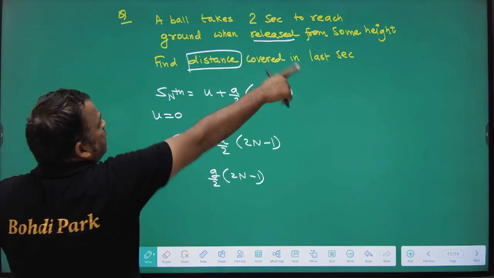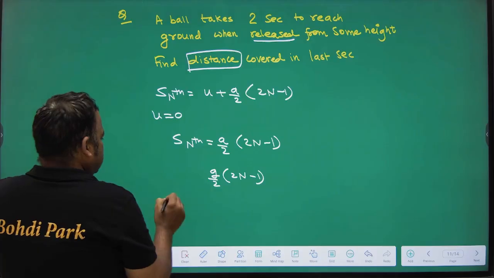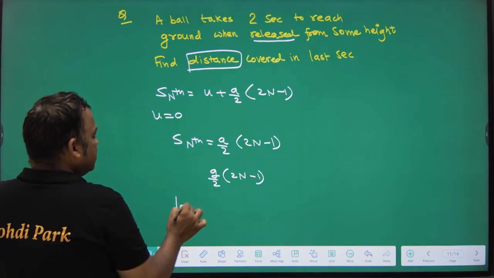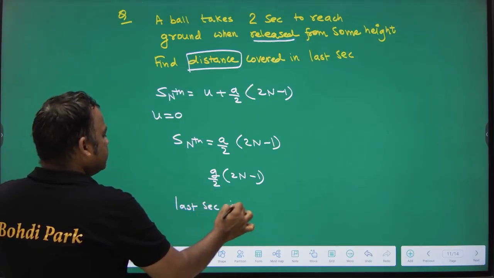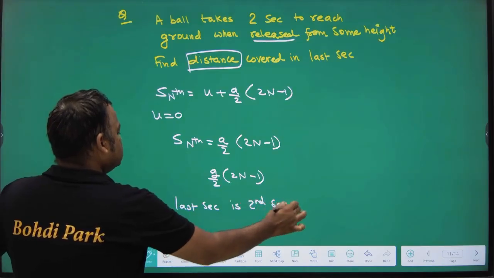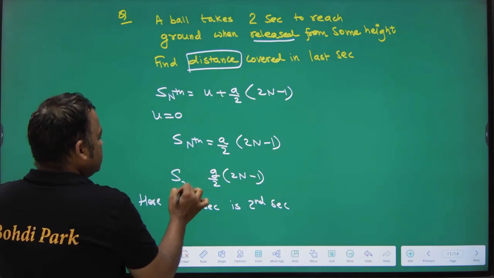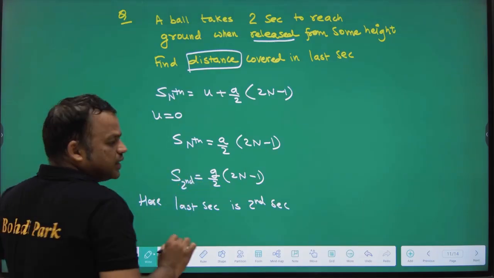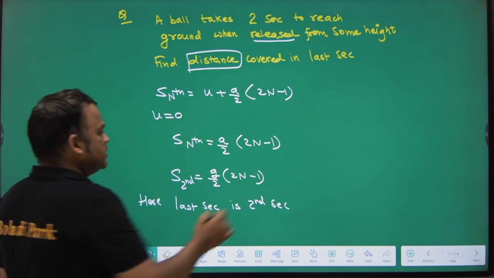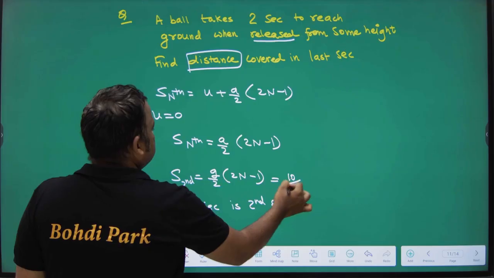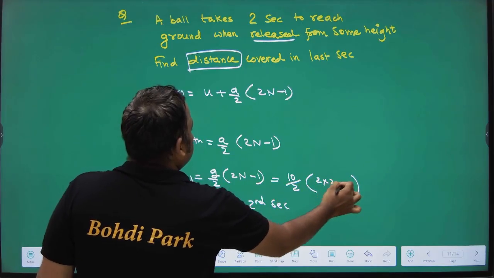Now total time taken is 2 seconds. So here last second is second second. So basically we have to find displacement in second second or distance in second second, which is equal to g by 2, which is 10 by 2 into 2 into 2 minus 1.